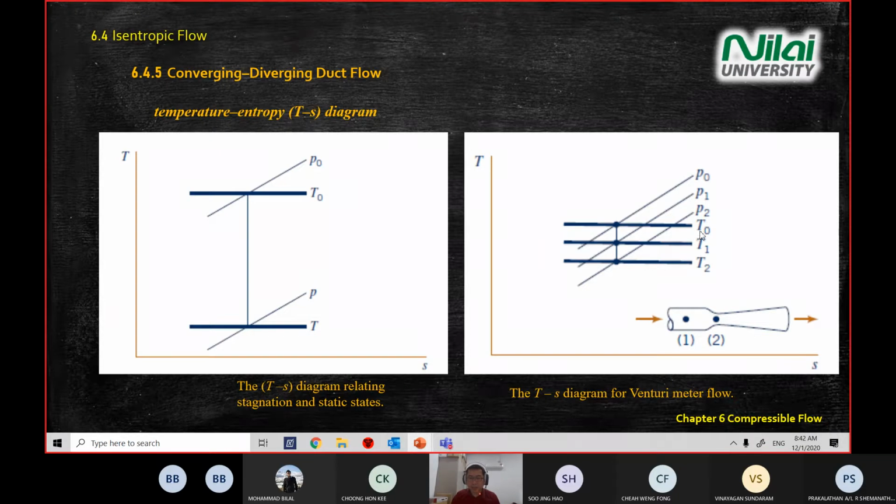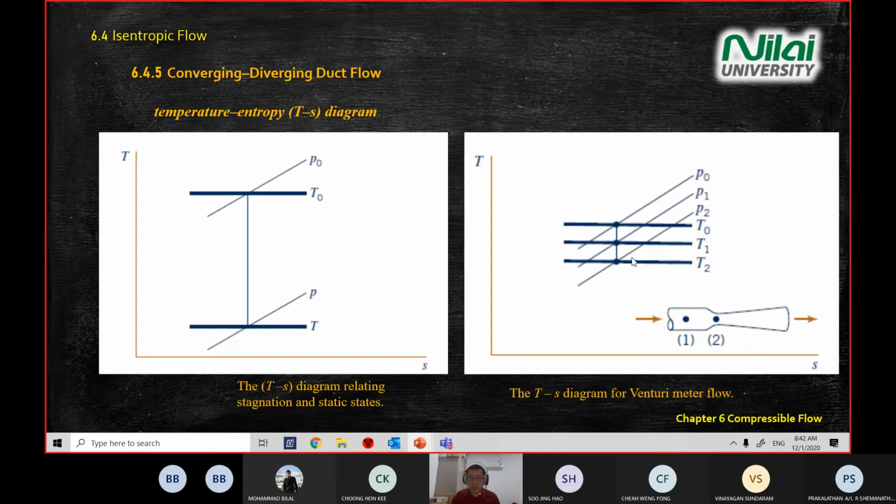If you look at T0, T1, and T2, T0 is stagnation. T1 is a bit lower than stagnation. T2 is further lower than T1. So that means the temperature is decreasing. For the relationship from 1 to 2 decreasing, you can look at the table from last Friday.